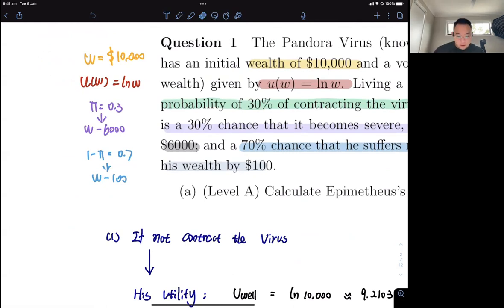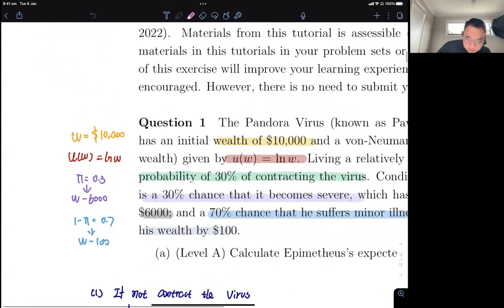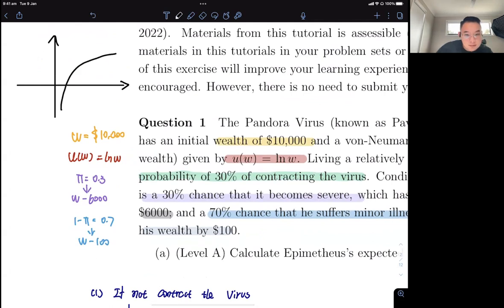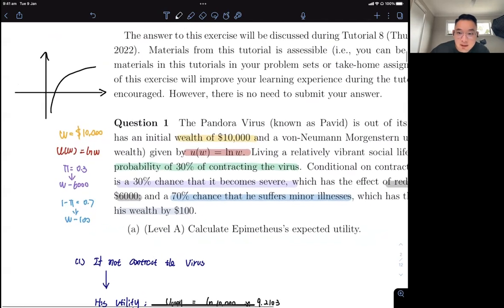Okay, and we know how to draw the logarithm function. Do you guys remember how we draw the logarithm function? It's simply something looking like this. Since we know the shape of a logarithm function, is this concave or convex?